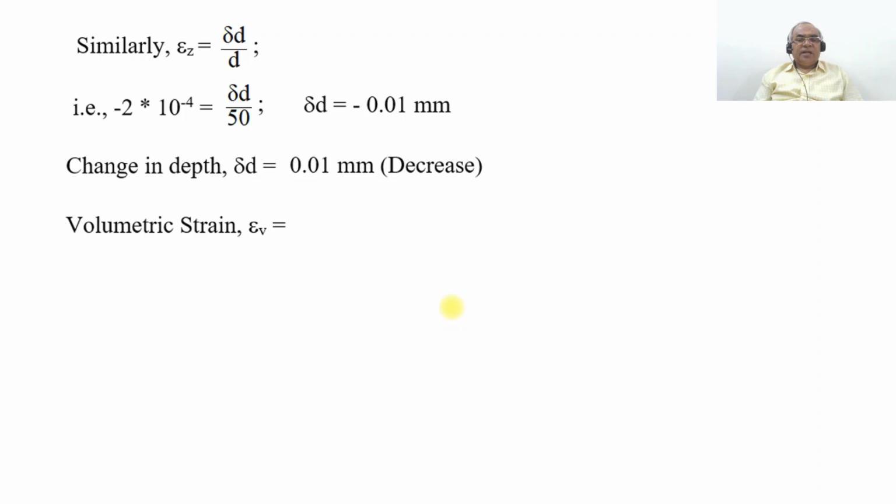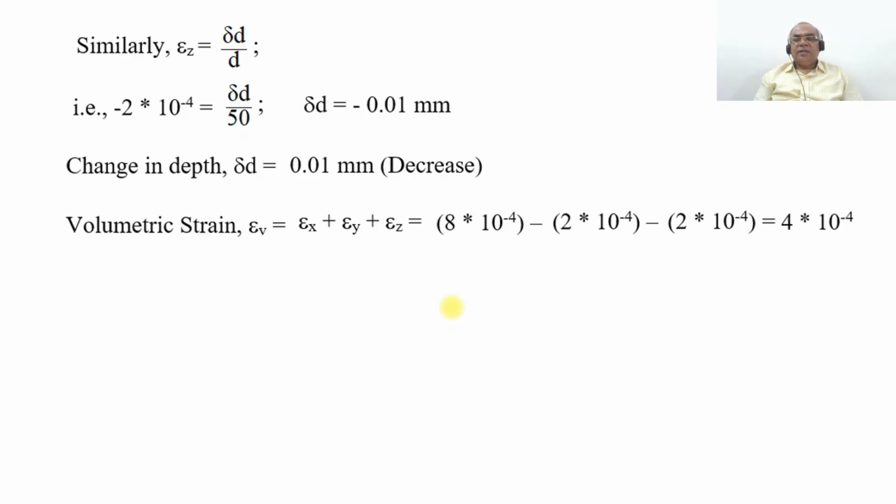Therefore, what is the volumetric strain? Epsilon V will be equal to epsilon x plus epsilon y plus epsilon z, which is 8 into 10 to the power of minus 4, which is epsilon x, minus 2 into 10 to the power of minus 4, minus 2 into 10 to the power of minus 4. On simplification, you are going to get 4 into 10 to the power of minus 4.